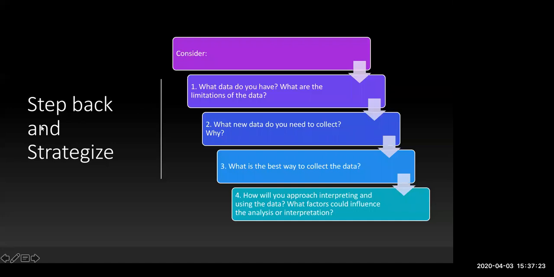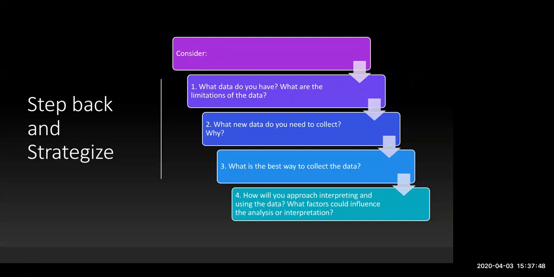Okay, so it's always our job to really strategize how we're approaching data and how we're approaching the analysis and interpretation of that data. So even with our example here, if we walk it through these steps, what data did we have? Well, we only had DFW rates, and that's just a number. So what are the limitations? Well, we know that there's high DFW, but we don't know why students are struggling.